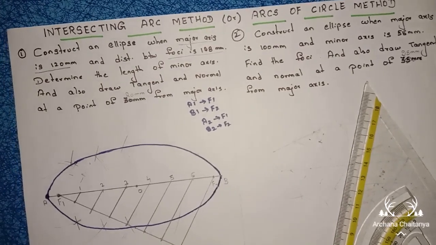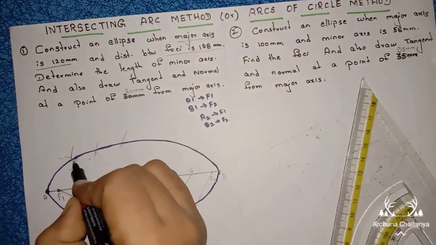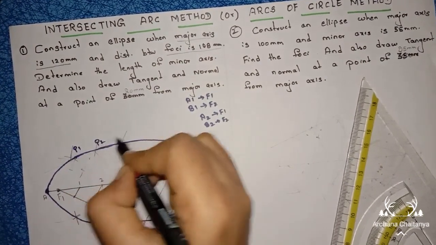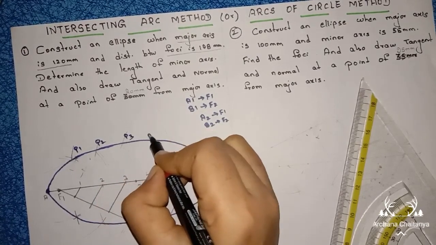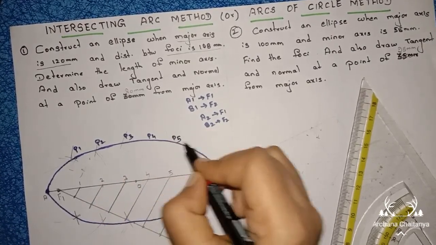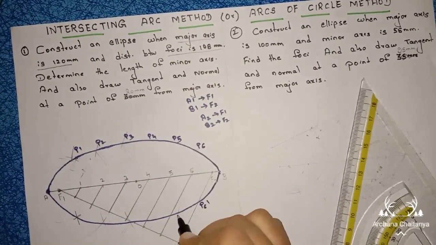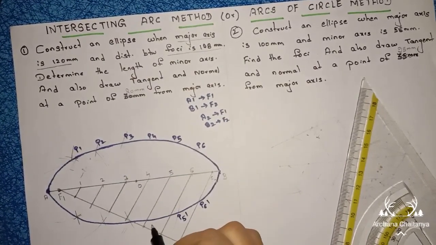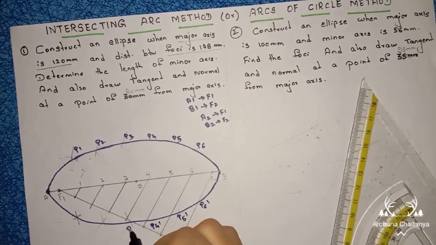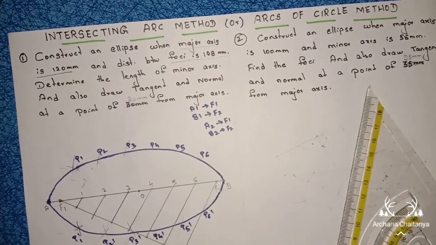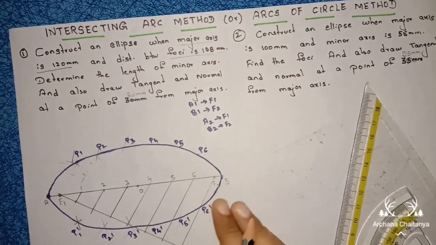This is the intersection of arcs: P1, P2, P3, P4, P5, P6, and here P6 dash, P5 dash, P4 dash, P3 dash, P2 dash, and here P1 dash. So this is the shape of the ellipse.